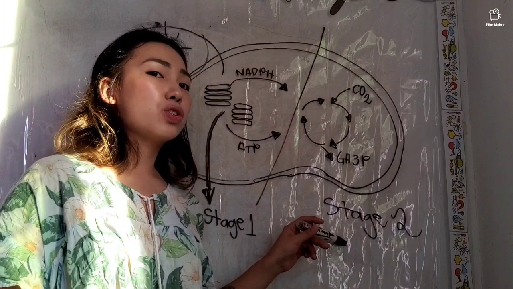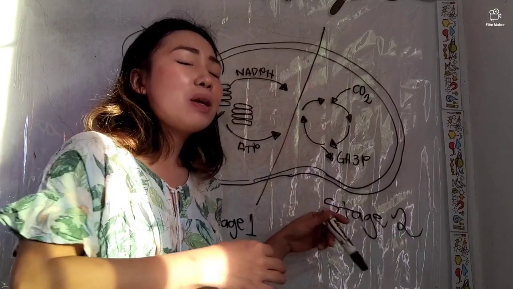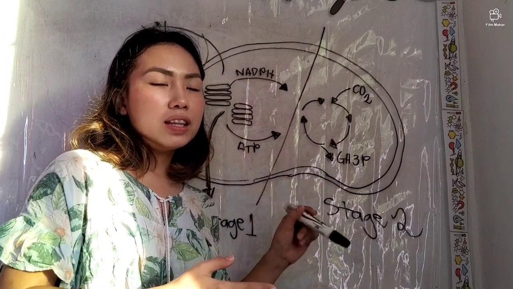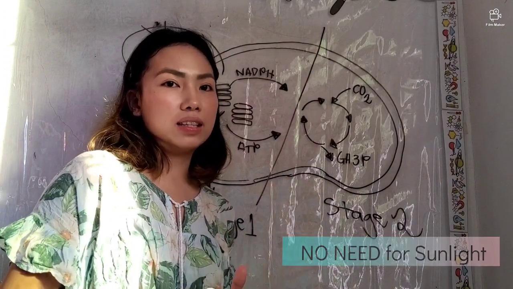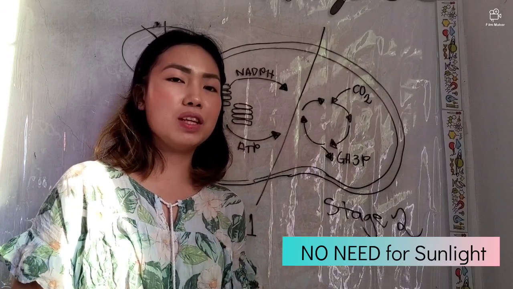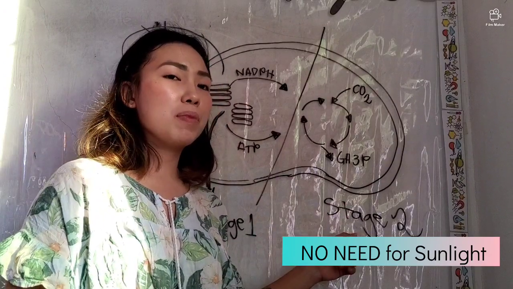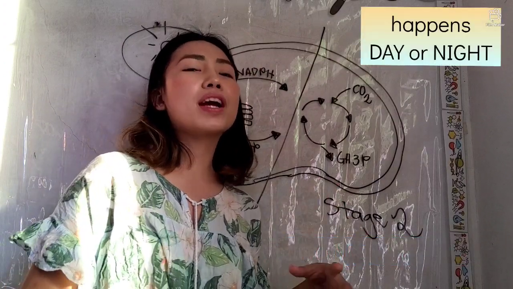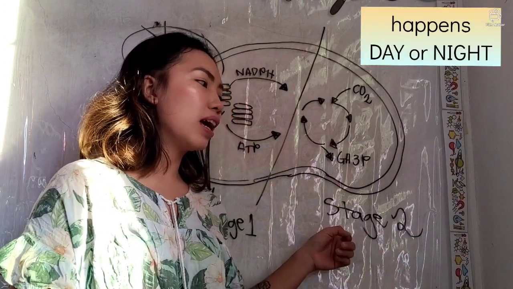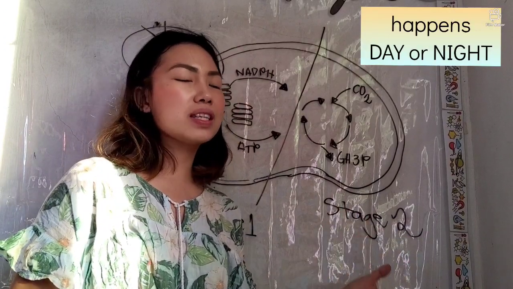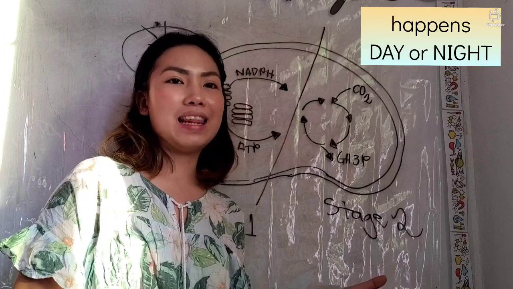Now, in our stage 2, the light independent, it does not need sunlight. Hindi niya kailangan ng sunlight. Meaning to say, stage 2 can happen either daytime or nighttime. Pwedeng mangyari ang stage 2 kahit gabi o araw kasi hindi niya kailangan ng sunlight.